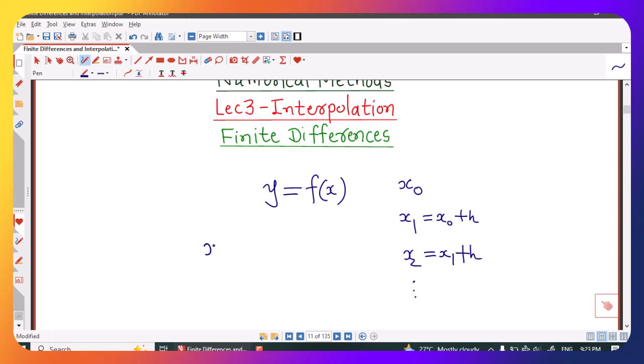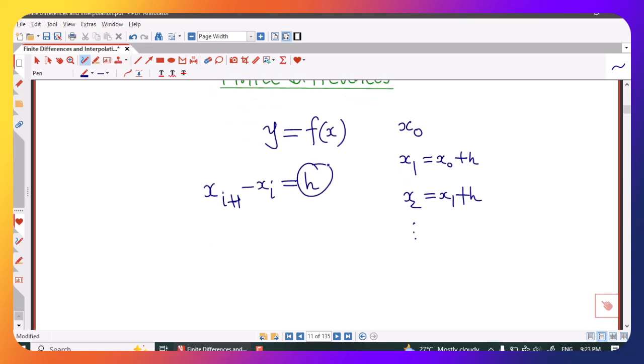So in general, difference between any two consecutive values of x is constant, say h, then these values of x are called equally spaced values. And if values of x are equally spaced, then we define forward differences in this way.